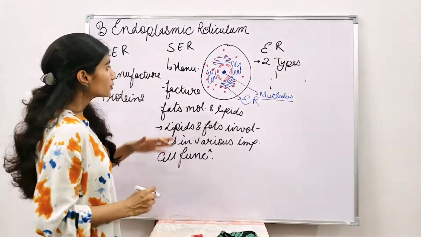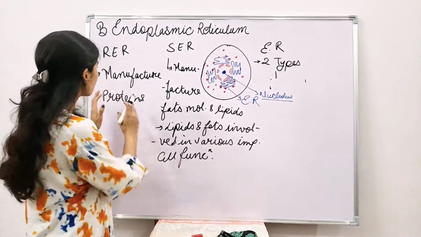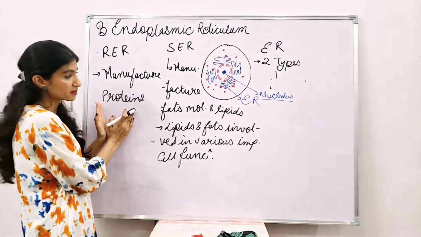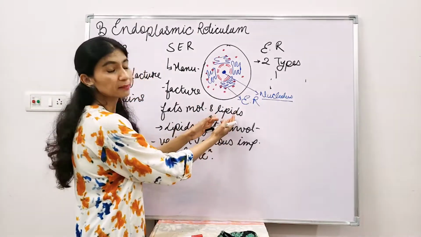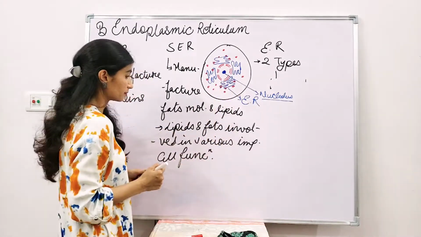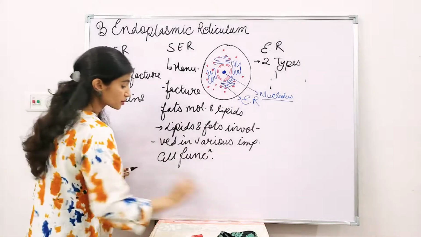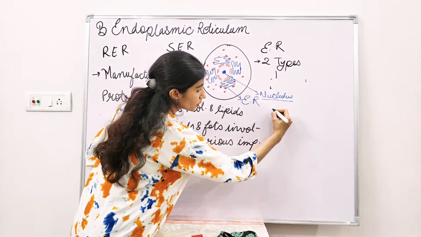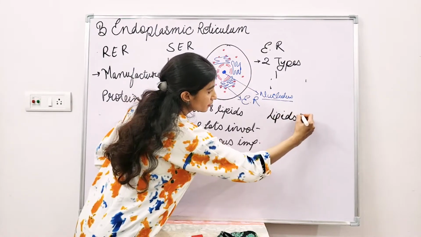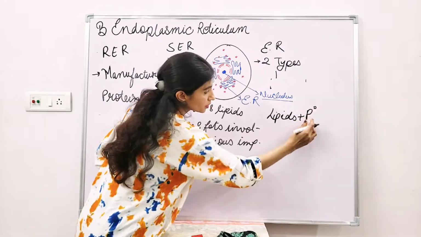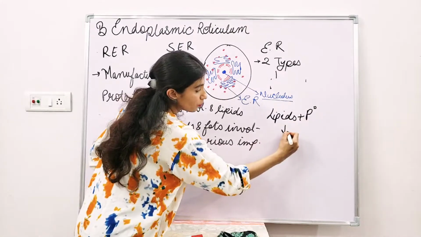Now, one more very important thing to remember: the proteins that are being made by the rough endoplasmic reticulum and the lipid molecules which are being made by the smooth endoplasmic reticulum. I'm just writing P for proteins, okay? So this is lipids and protein. What do they do?